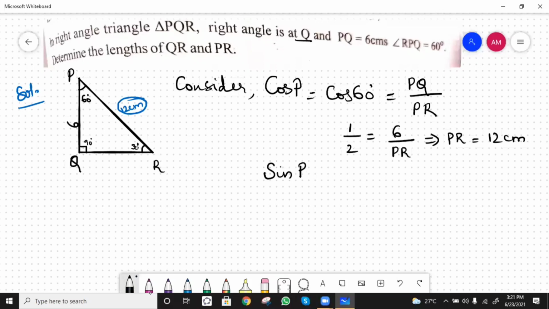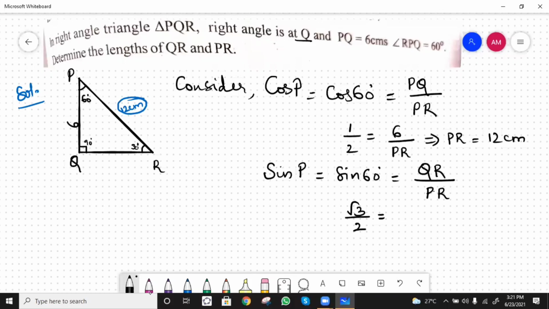Sine P is opposite side by hypotenuse. What is the opposite side? QR. What is the hypotenuse? PR. What is sine 60? Root 3 by 2.